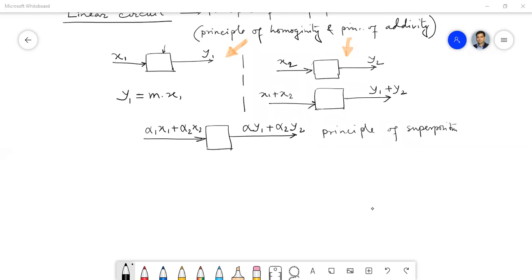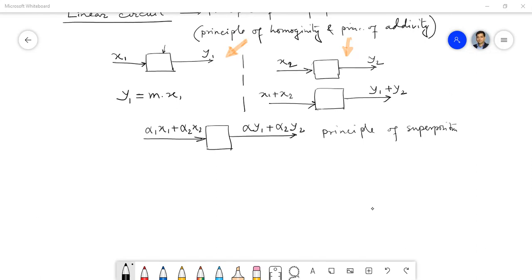The first one is for what type of circuit we should apply the superposition theorem. The second sentence is for the objective or the method of the superposition theorem. That means a response at a particular point of the circuit. Why are we taking the term response? Because sometimes we will be asked to calculate the current, sometimes the voltage.